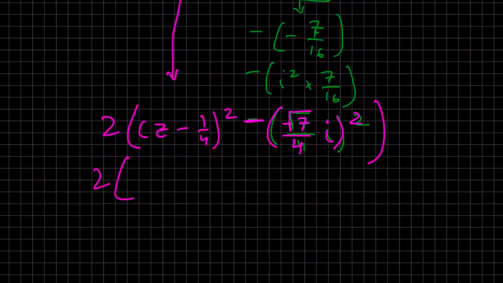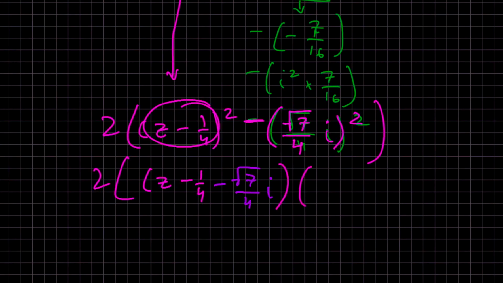Okay, so again, we can use our difference of two squares formula now. So from over here, we would get our z minus 1 over 4 minus this part of the equation, so minus square root of 7 over 4i. And for our other factor, we would get z minus 1 over 4, again from this part of the equation.